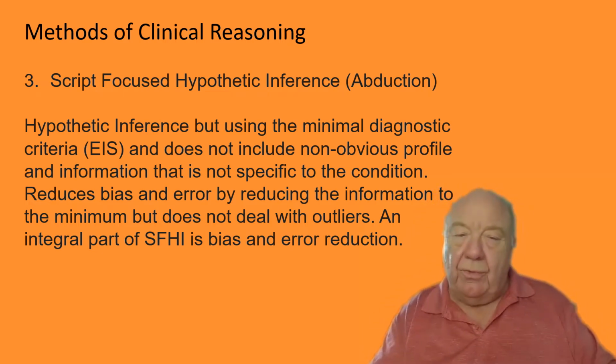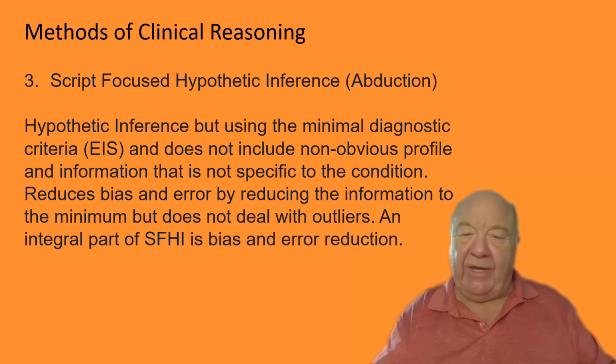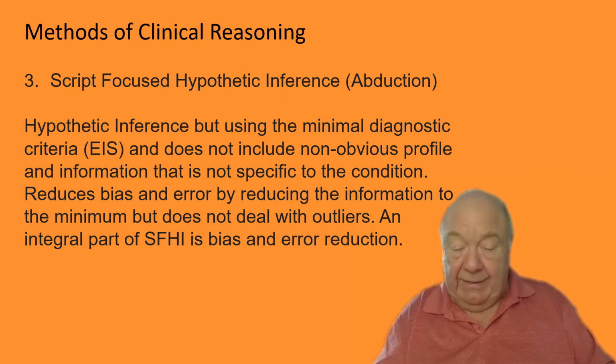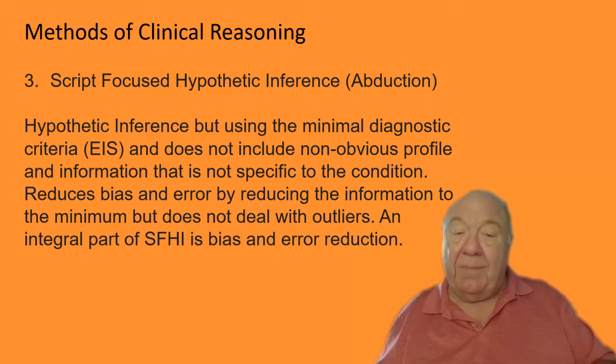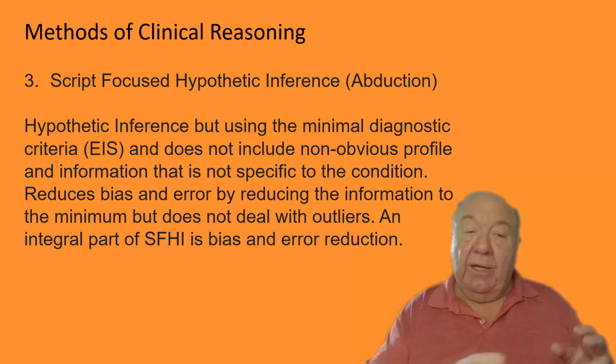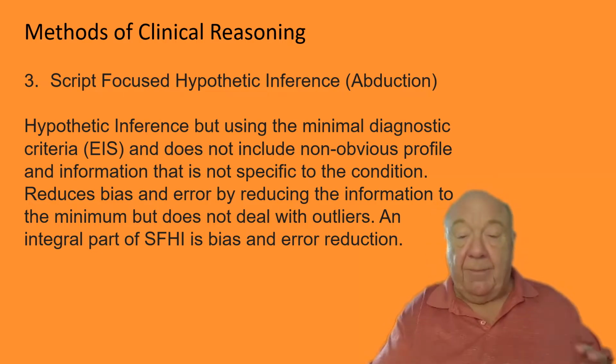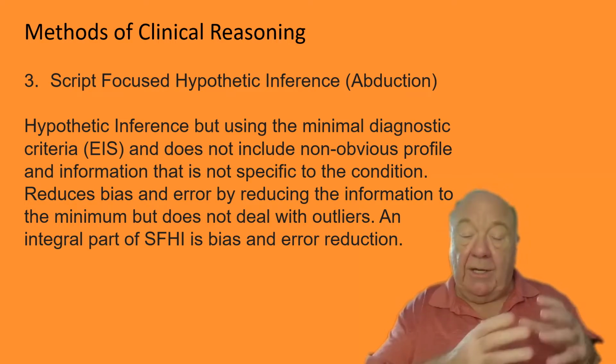If you use bias and error correction as an integral part of script-focused hypothetic inference, which is what I intend, then you automatically reduce bias and error during this process. If you have to change your hypothesis once or twice to get a better fit with the new information coming in, then you're reducing availability bias.